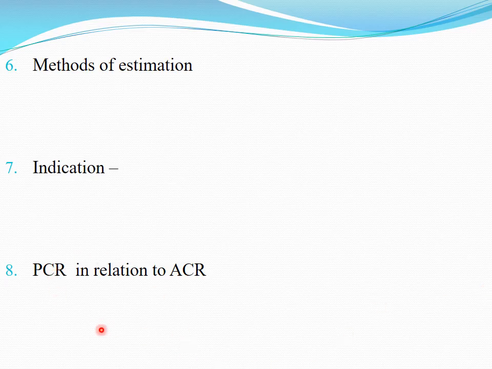Similarly, in milligram per millimole, less than 15 is considered normal. 15 to 49 is trace proteinuria. Then 50 to 99 milligram per millimole is significant proteinuria. 100 to 300 is high proteinuria, and more than 300 milligram per millimole is considered nephrotic range proteinuria. Now PCR is more important, and it is more predictive of nephropathy as compared to ACR.